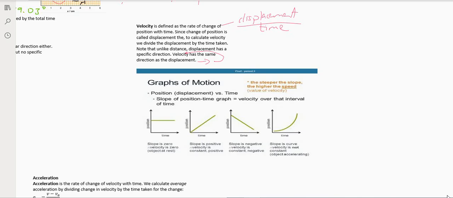But we can have different types of velocity graphs, as you can see. Now the first one here is telling us that there is zero velocity, right? Which means that the object is at rest. Now, just want you to know that this object doesn't have a displacement.